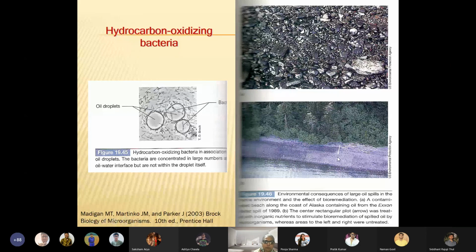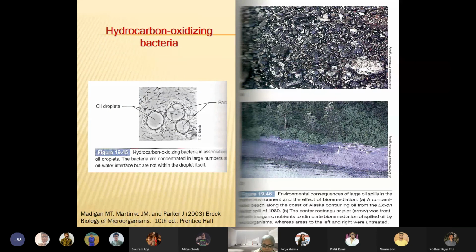And you can see over a period of time, this patch has shown better results in the sense that oil on this patch has been degraded and the other patches are dark because of the oil. Okay, so simply stimulating the growth of native microorganisms and allowing them to utilize the oil as substrate along with the use of inorganic nutrients.